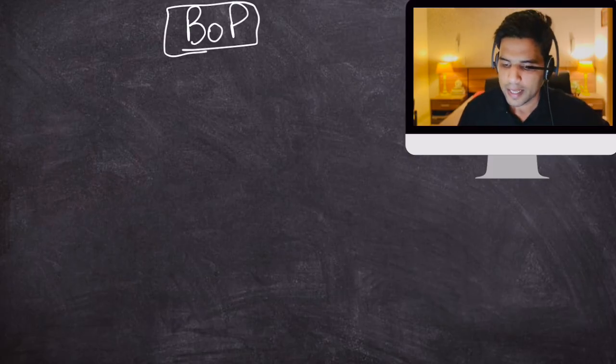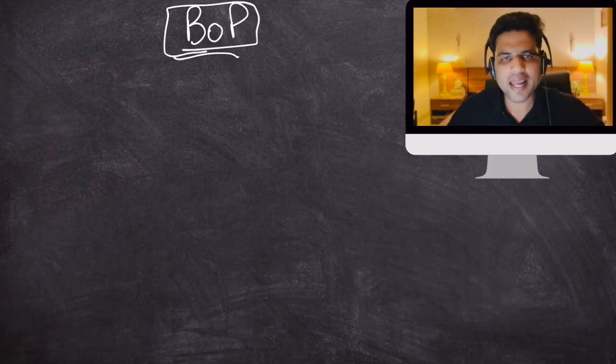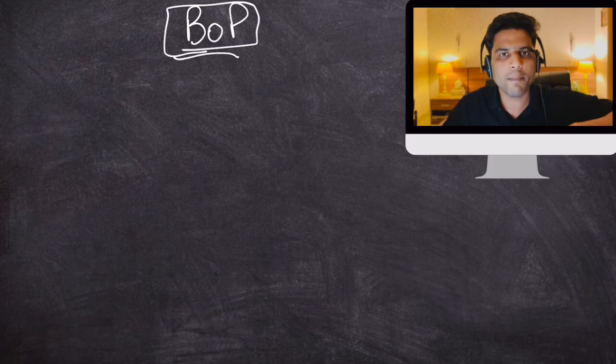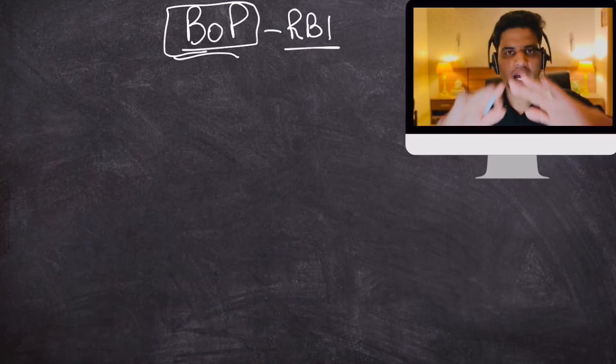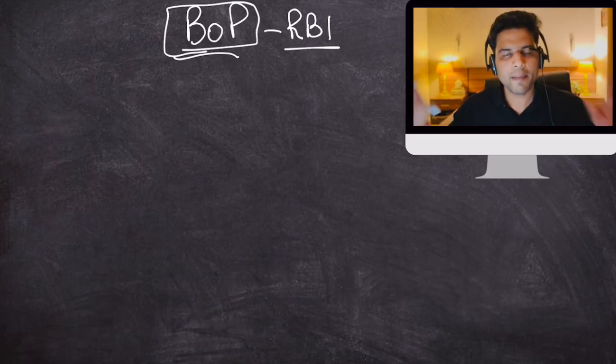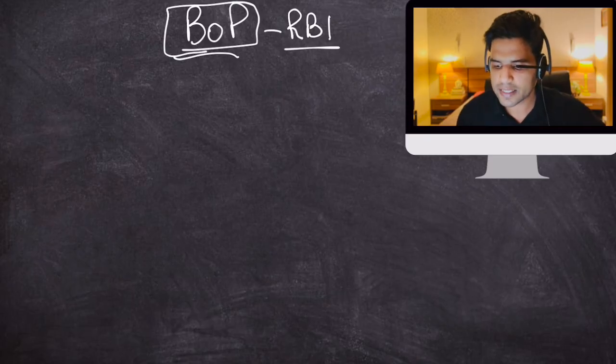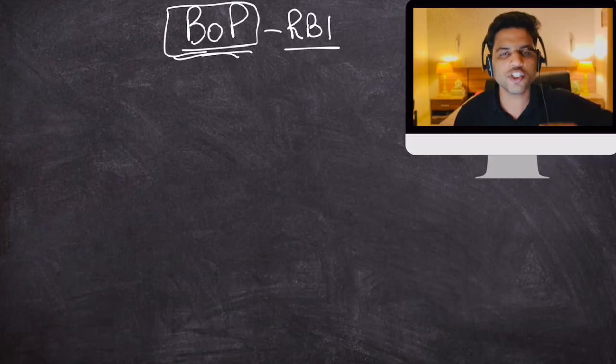Now, simply put, balance of payment is basically the entire account of money coming into India and money going out of India. RBI maintains this account. In this account, RBI keeps track of all transactions that are bringing money into India and all transactions that are taking money out of India.